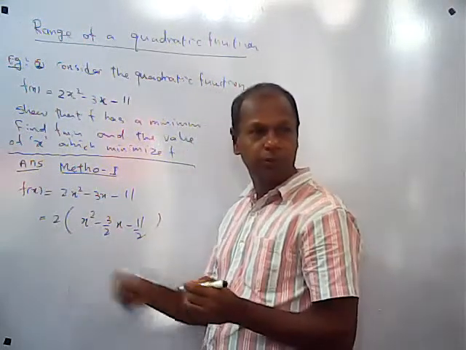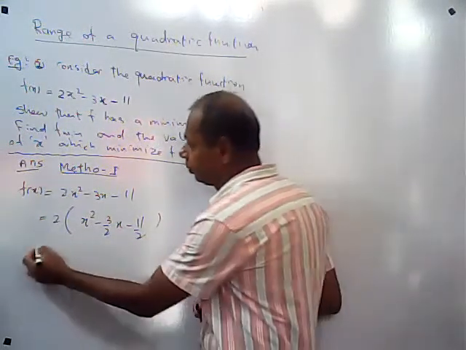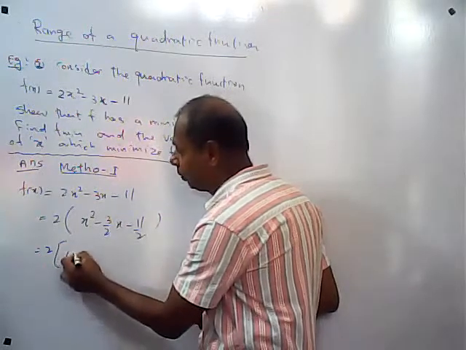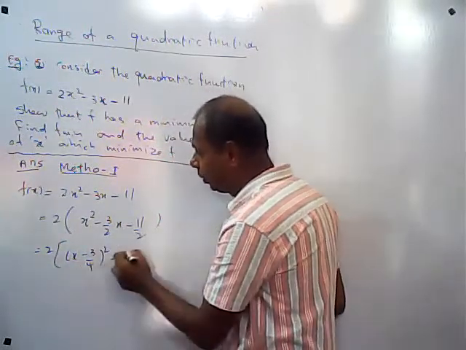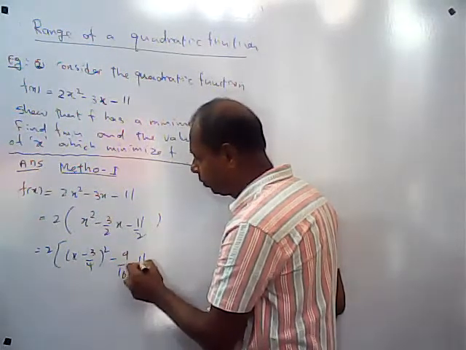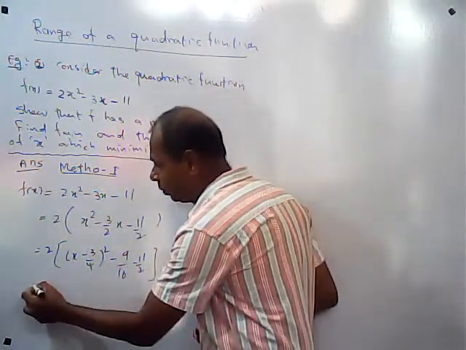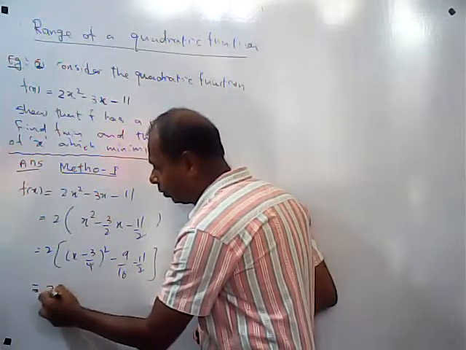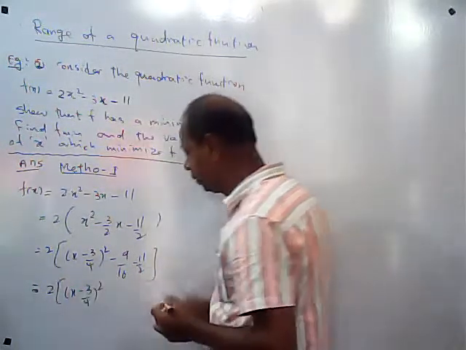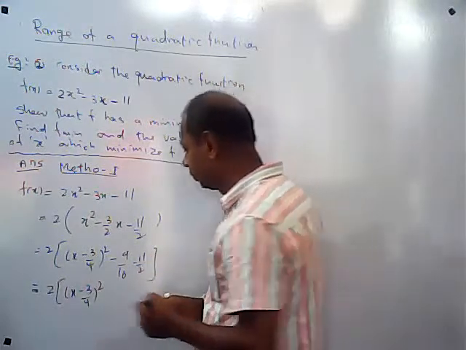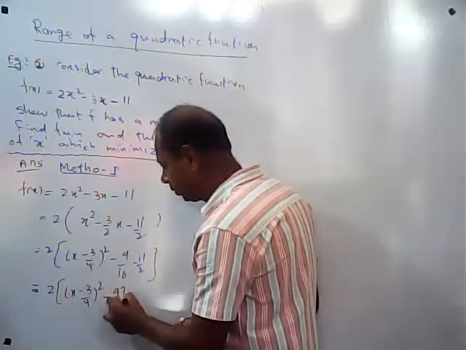This 2 should be outside. Minus 16 minus 11 over 2. It should give 2 times x minus 3 over 4 squared minus 97 over 16.